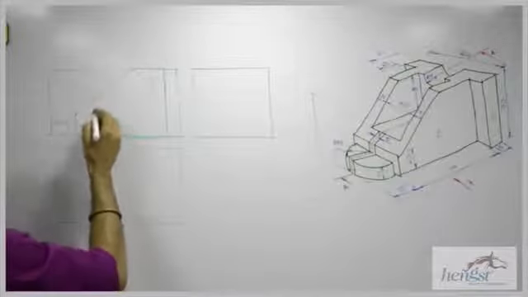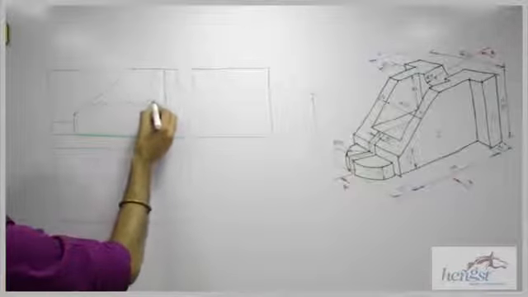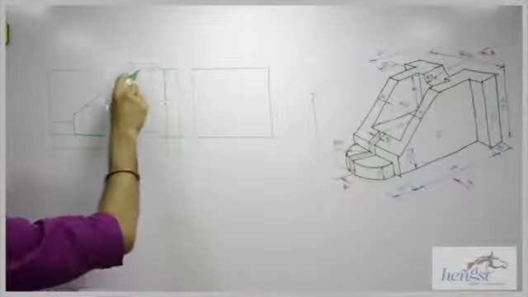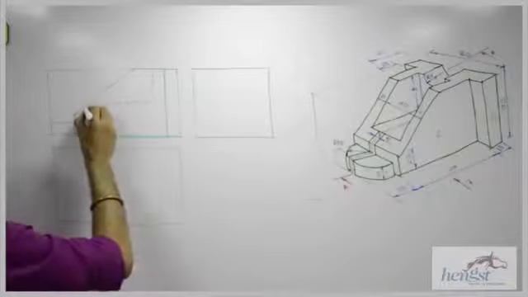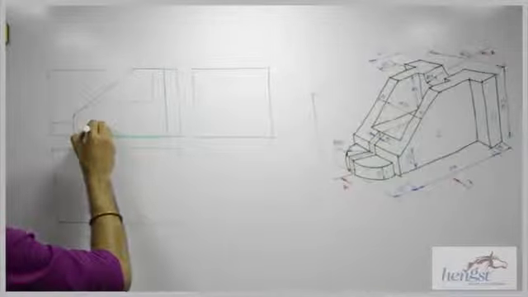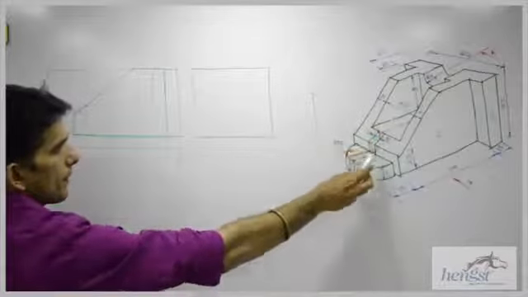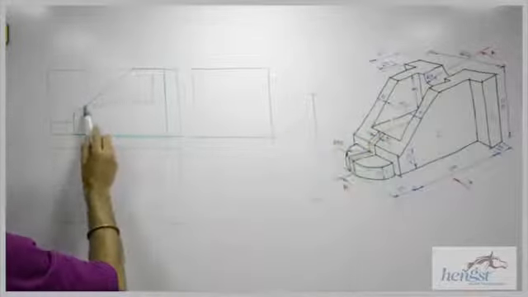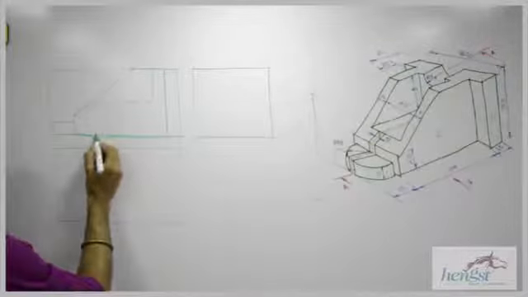And then it is going down by 40. Right? And from there we have a vertical line also. See this, this dotted line is for this. This dotted line is for this. Right? So we are done with the front view.